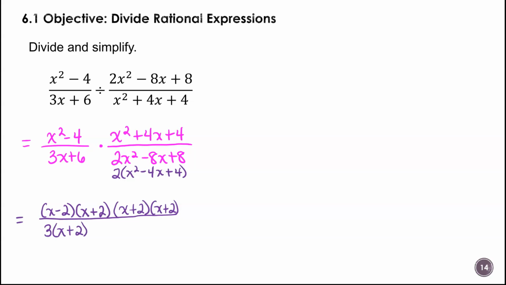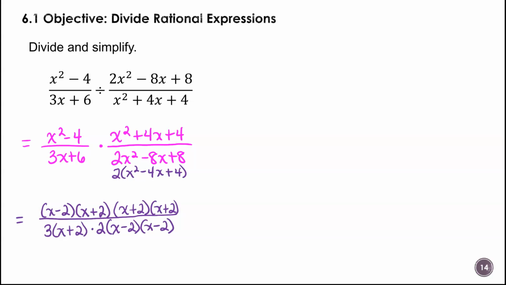The common factor is 3. I still have this 2. And then this is also a perfect square trinomial, which factors as x minus 2 times x minus 2. On that, you can just use factors of positive 4 that have a sum of negative 4, and that would be negative 2 times negative 2.